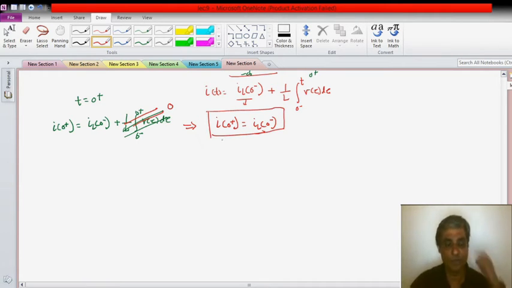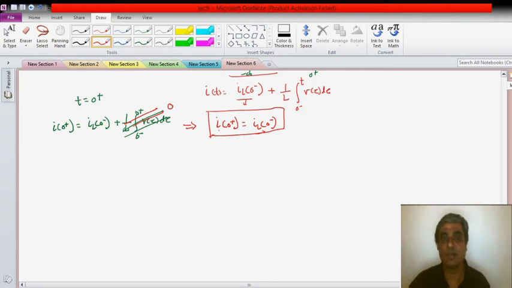What does it mean? Generally we know the inductor stores energy in magnetic flux, so there will be a change in the magnetic lines of force, or magnetic field, or magnetic flux. If the switching happened and an impulse is present, what does it mean? There is a sudden change in the magnetic flux and magnetic field, which is very difficult to do, right?